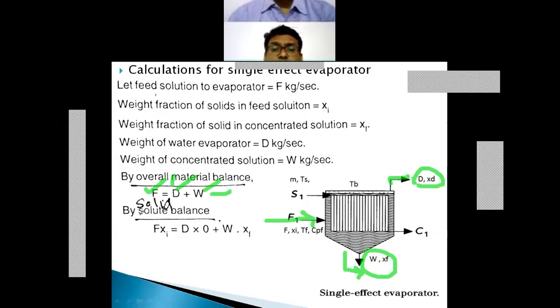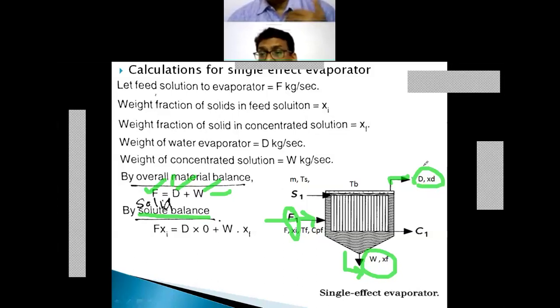Now we are taking the solute balance, a solids balance. Initially at the inlet, F into Xi is the amount of solids coming into the evaporator. Are the solutes or the solids leaving from the top?